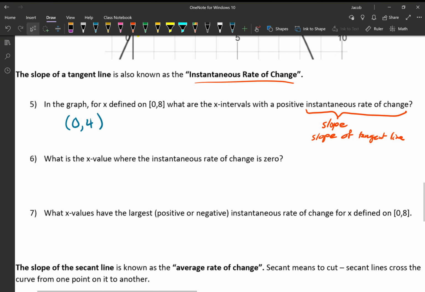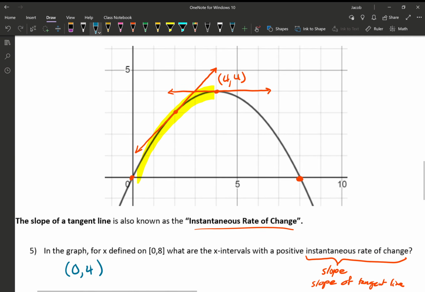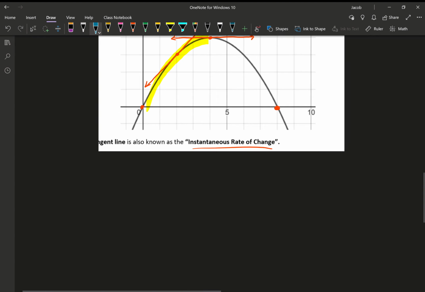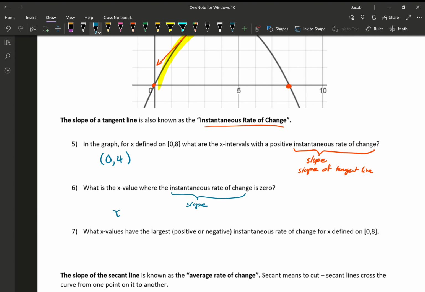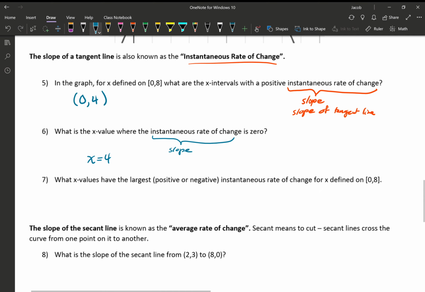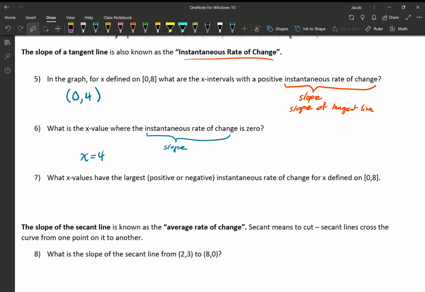What's the x value where the instantaneous rate of change is 0? So again, what's the x value where the slope is 0? We already answered that question. It's at 4. So we would say just x equals 4. And then what x values have the largest positive or negative instantaneous rate of change for our graph?